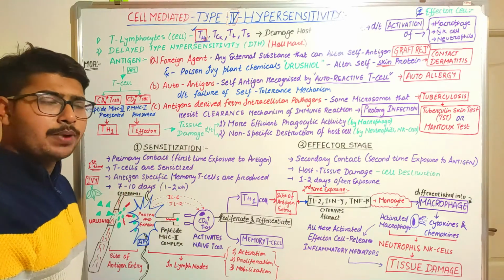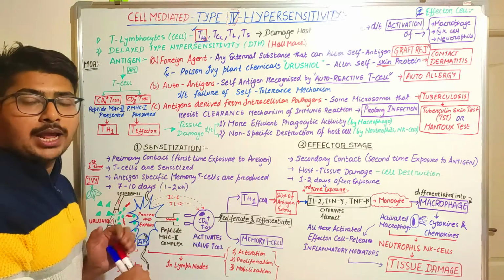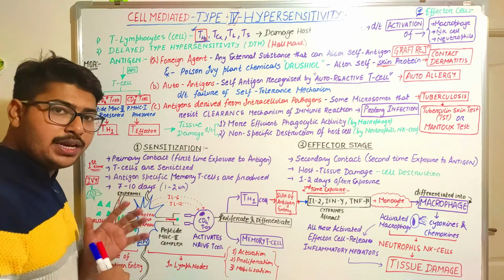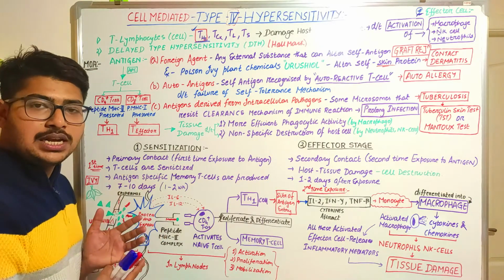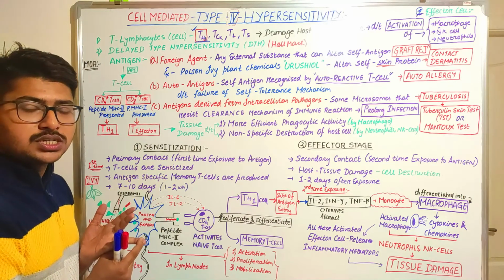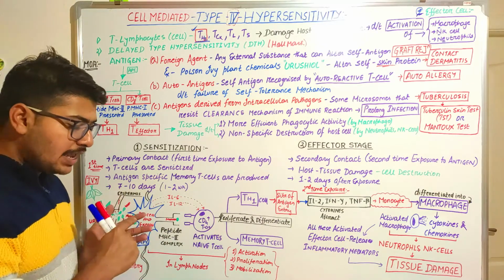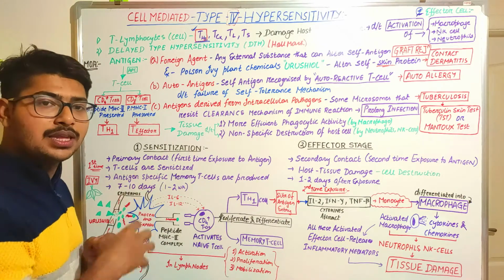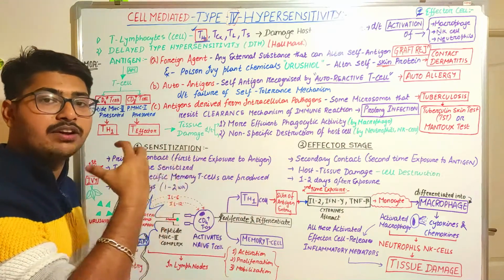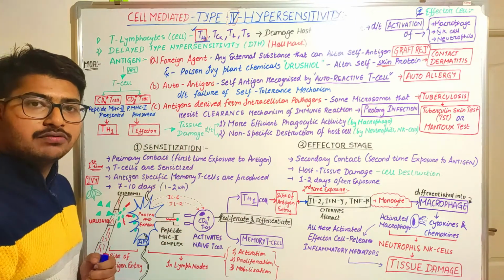There are some kinds of microorganisms that can be present in our body for a long period of time, and they can be present in latent form because they have the ability to resist the immunological clearance mechanisms, so they cannot be destroyed by our immune system, and they sustain for a very long period of time. These three reasons help them to produce long term or prolonged infection in human beings. So let's see an example of this.